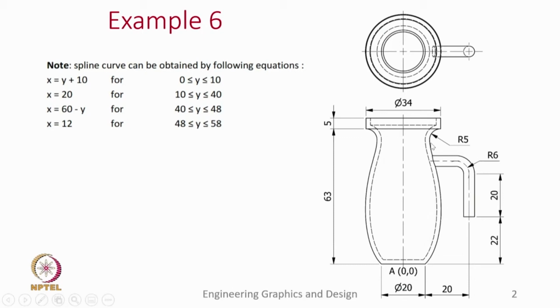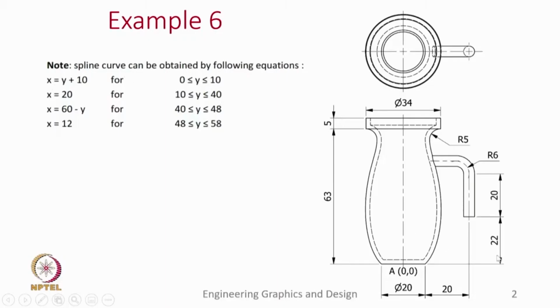We also see that the outer surface is a smooth curve, defined as a spline curve. These are the equations given for the control vertices. These control vertices make a series of straight lines, and those straight lines are given by these equations.